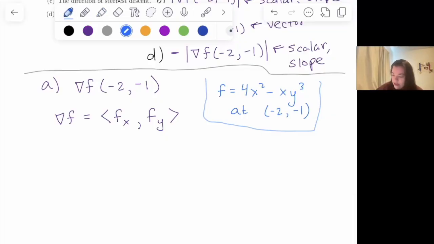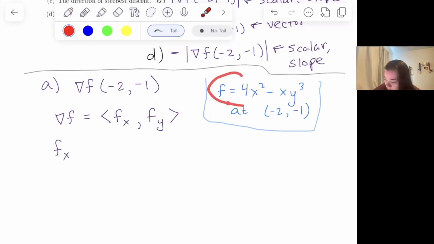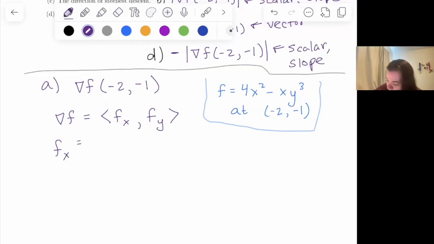So to find the gradient vector, again, we're going to look over at our function f and take the partial derivatives. So we're focused on our function f over here, and we need to take the partial derivative with respect to x. This is going to be 8x minus y cubed. And then we are going to take the partial derivative with respect to y.